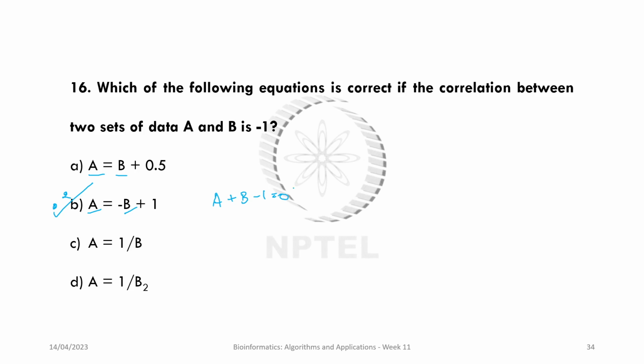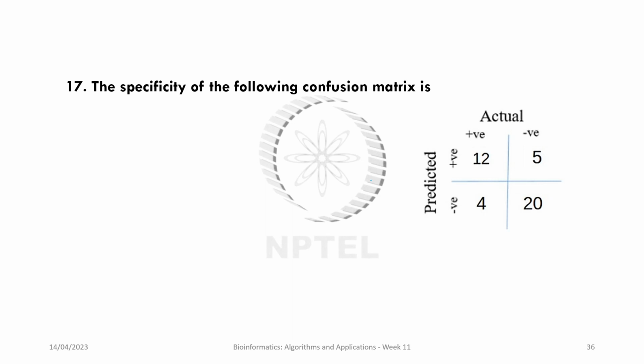Only then will you have a negative correlation, right? So option B is your right answer. Maybe I can include something for this question too while I upload the PPT, since I see that the answering is very low for this.